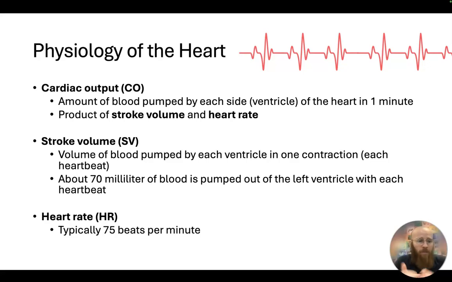It's constantly going up and down a little bit. And so the cardiac output we can expect to be what we get if we multiply the number of times our heart beats by how much blood our heart is pumping with each beat. So that's going to be how many milliliters, or by the time it's all said and done, how many liters of blood we pump throughout our body every minute based on how many times the heart beats.